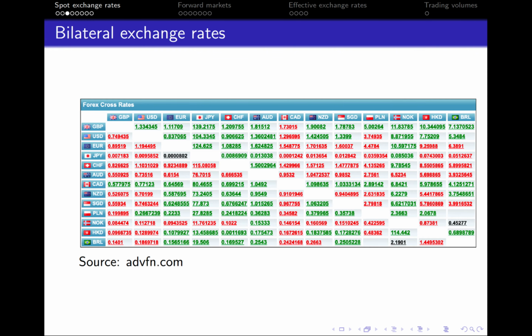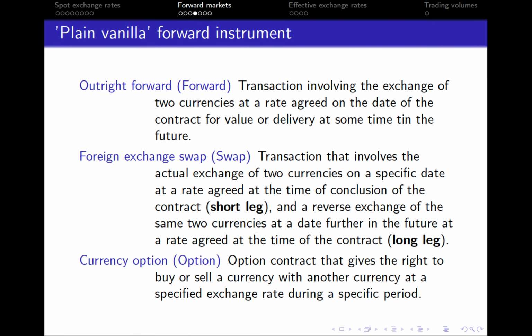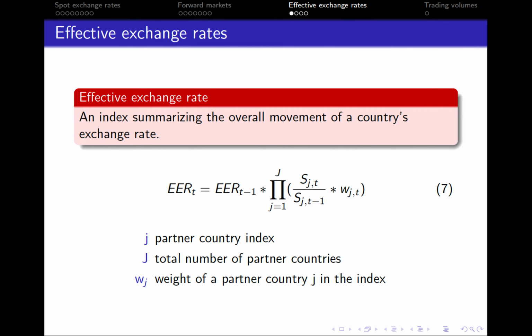Well, look, we can get this, especially when we compare, for example, the euro to the United States dollar, to the yen, to the pound, because those are major world currencies, and they give some indication of how well the currency is doing. But there is a better way of approaching this problem, and this is by calculating effective exchange rates. An effective exchange rate is an index summarizing the overall movement of a country's exchange rate. And look, let me explain how it works.